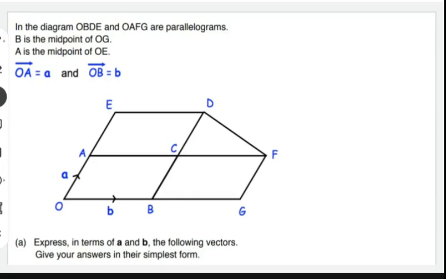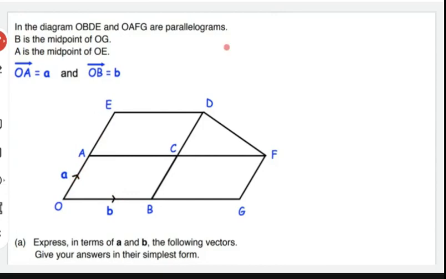So really what we're saying is the three parallelograms are all identical. Let's look at a few things. We've been told the vector from O to A, capital A, is given by the little a, and O to B is given by b.